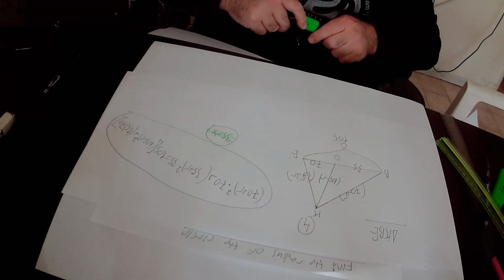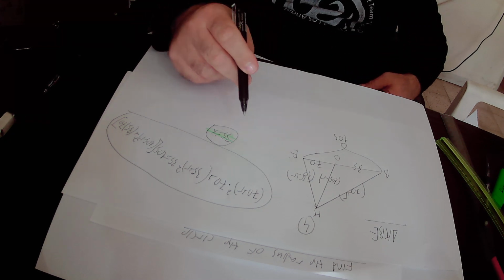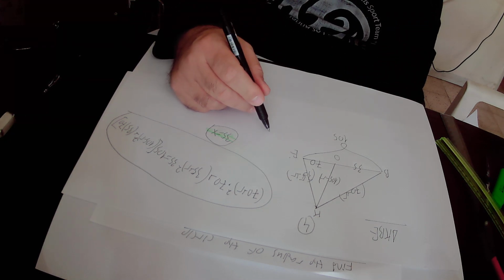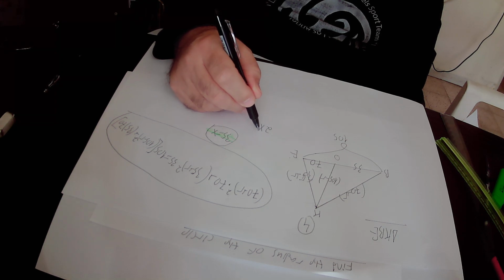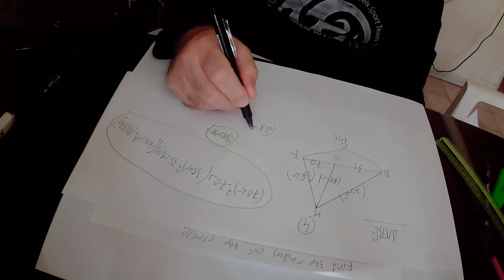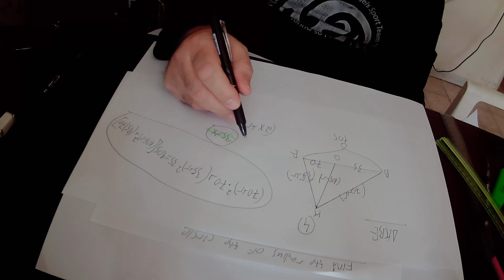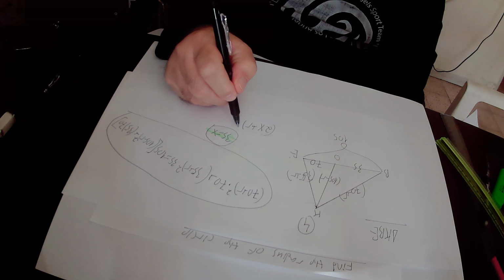So we have 70 is 2 times 35, that is to say it is 2x, plus r square times 70. 70 is 2 times 35, that is to say it is 2x.